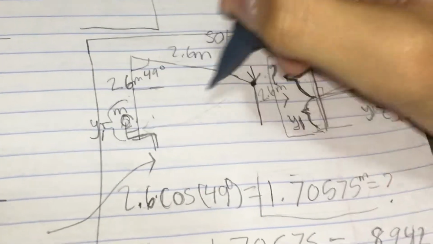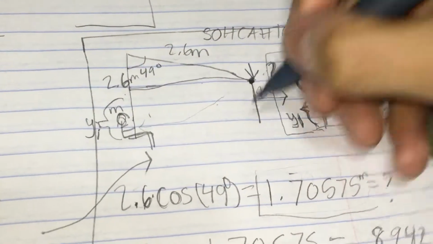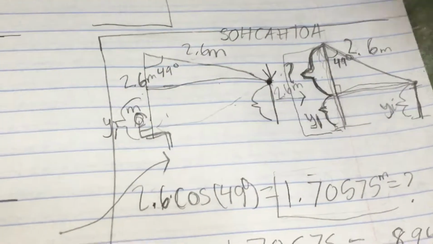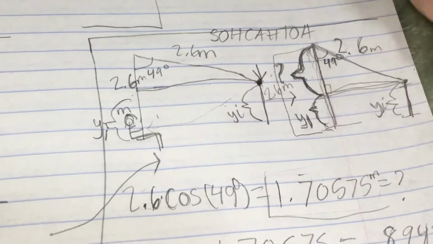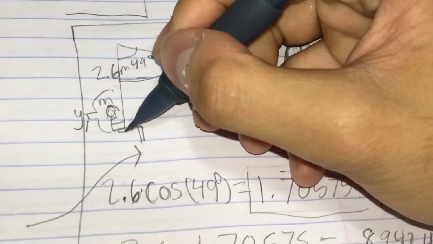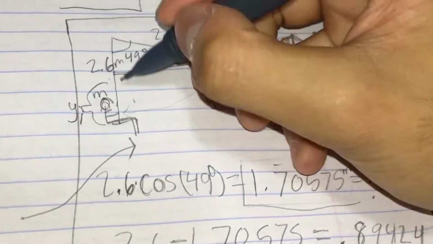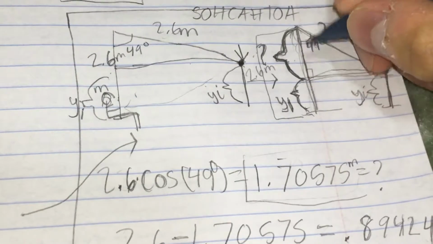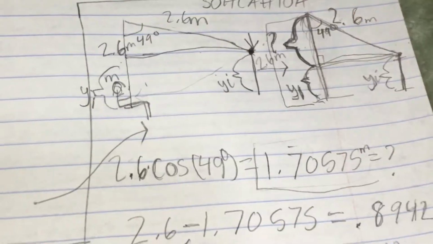We can draw a right triangle in order to find the initial height. Since we know this whole chain is 2.6 meters, we can use two numbers that, if you add them together, equal 2.6 meters.